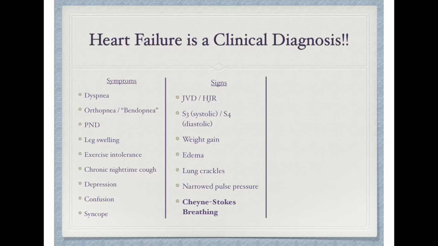The major tests and imaging that we order to confirm and help us make a diagnosis of heart failure include the natriuretic peptides, BNP, and the N-terminal proBNP, the ECG, a chest x-ray or other chest imaging, and an echocardiogram, usually a transthoracic echocardiogram.